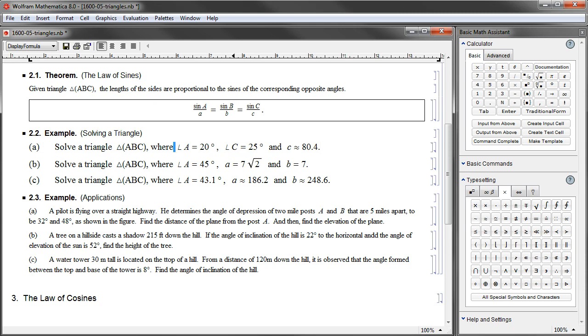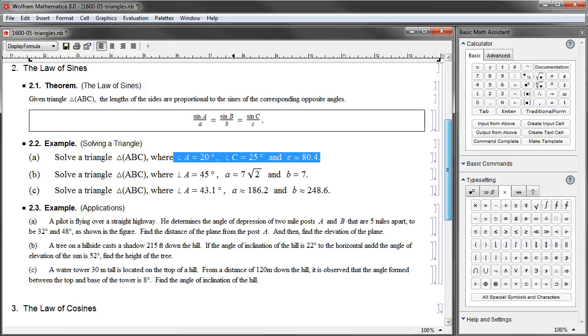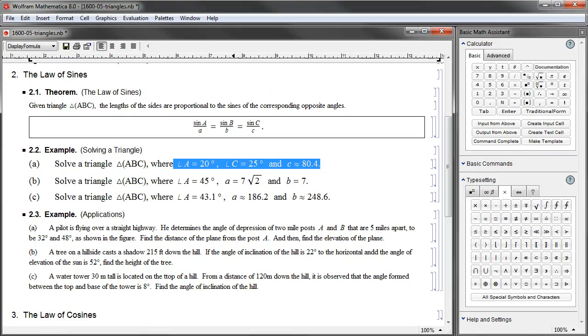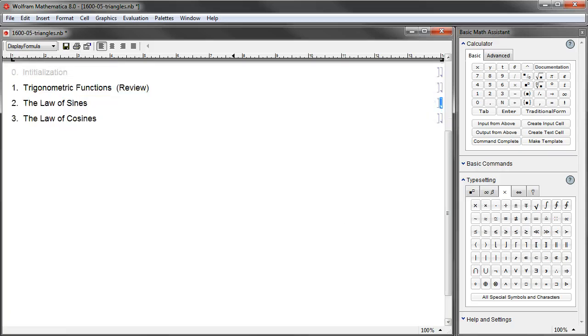Actually, in this particular problem, I gave you only two angles, 20 degrees and 25 degrees, but the third angle you can easily find because the sum of the internal angles of a triangle is 180 degrees. So subtract 25 and 20 from 180 degrees, and you have 135 degrees. So easily you can find all three angles, and from one side, you can find the other sides. Some other cases are possible, but those are rather unusual and a little bit harder. We're going to consider those a bit later in the next video.